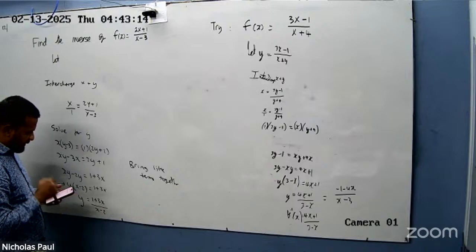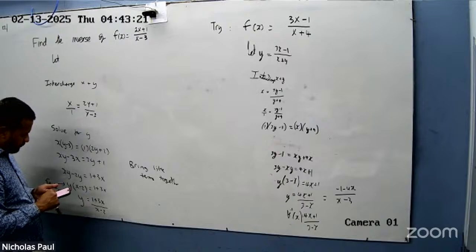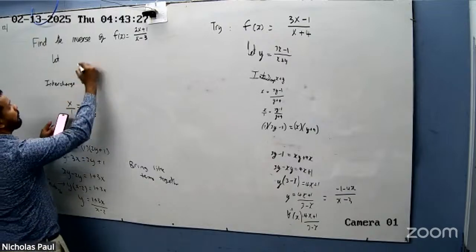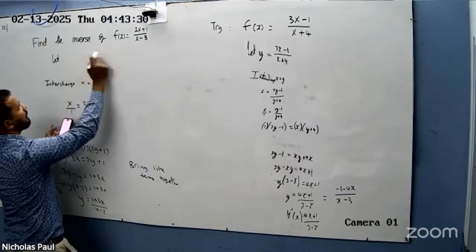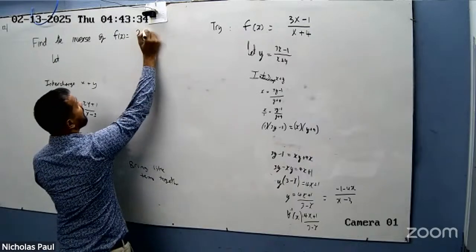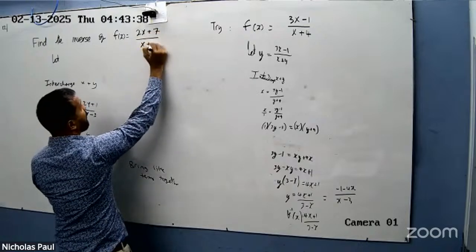Right, let me just give you one more here. I'll tell you what year it is. Right, this is June 2014. They have 2x plus 7 over x plus 1.